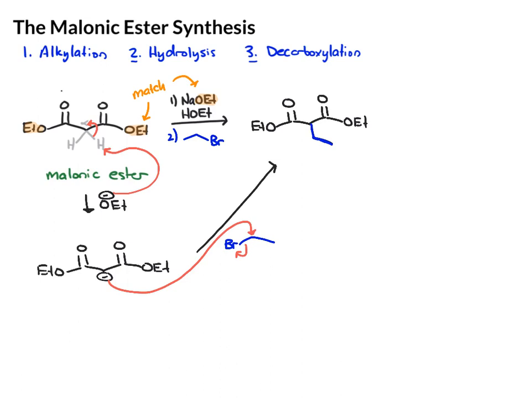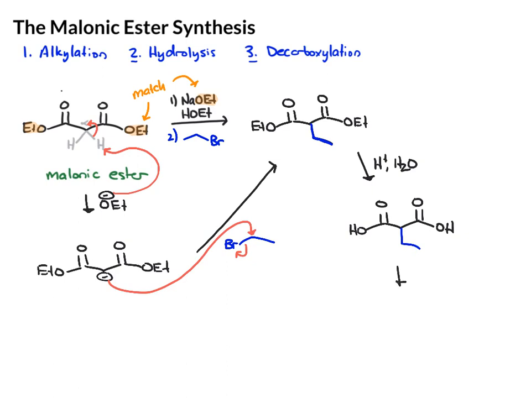The second part is the hydrolysis. So we do acid and water. That'll hydrolyze the esters to carboxylic acids. We still have the ethyl group on there.